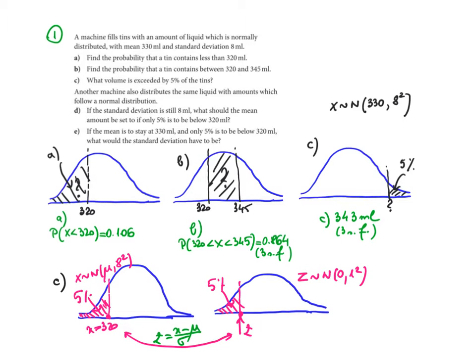So in this formula now, I would know Z from here because I know everything from this distribution. I know X. I want to connect these 2 points. I know sigma, it's 8, and I don't know mu, so I have an equation where I can find mu. Now I need either to use a table of values or my calculator to find this point here. So this question C is similar to the question here, when you know the percentage, the area, and you need to find a point.